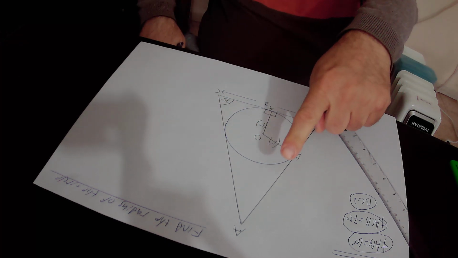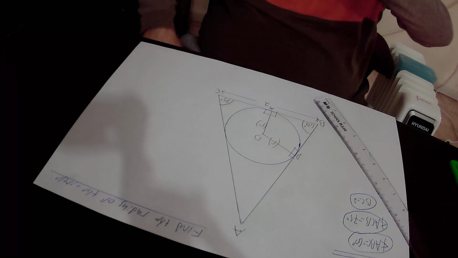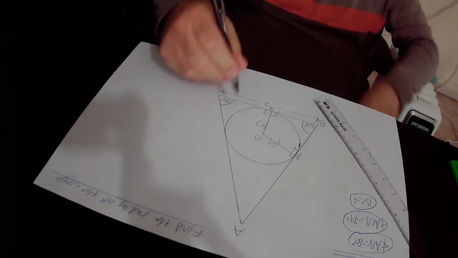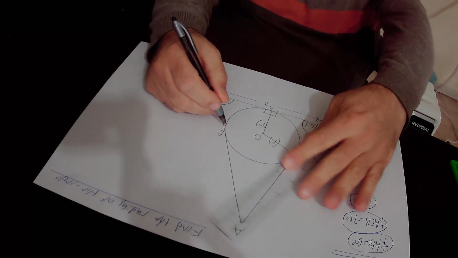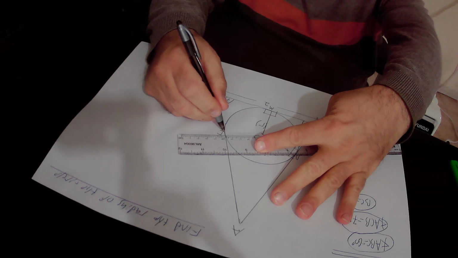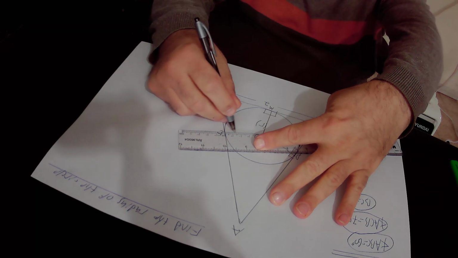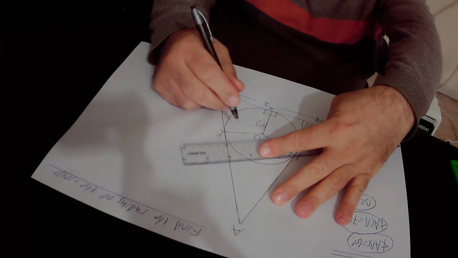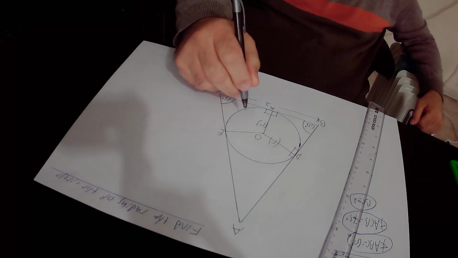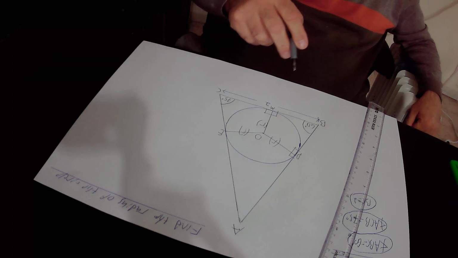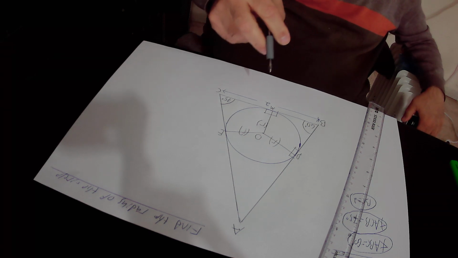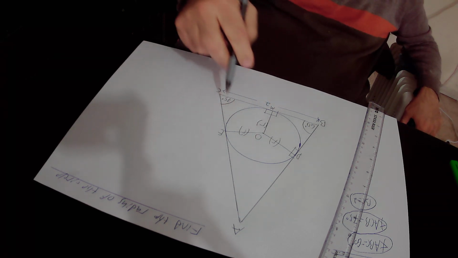We define the point of tendency of tangent AC with this circle as E. We join points O and E together by a straight line. OE is the radius of this circle and is equal to R. Again, we have the radius OE that is drawn to point E, that is the point of tendency of tangent AC with this circle.